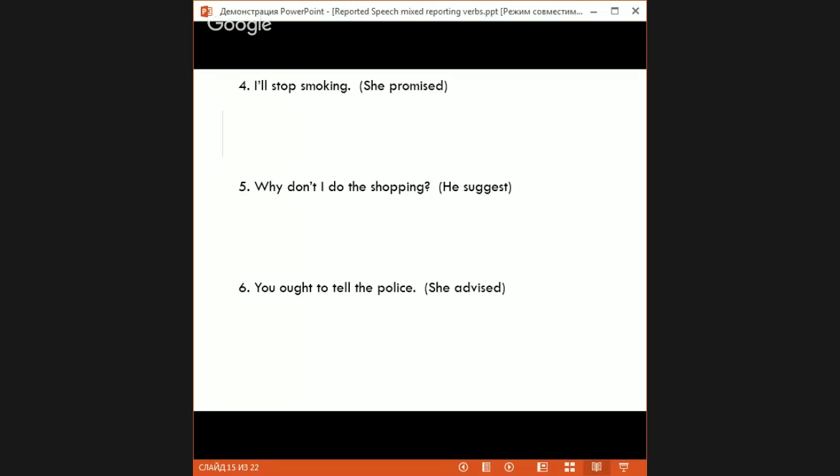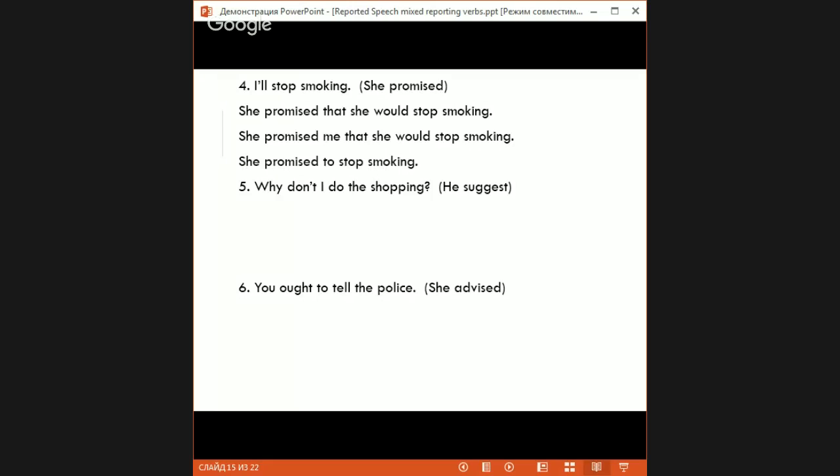So, what can we use here? I'll stop smoking. So she promised that she would stop smoking. She promised me that she would stop smoking, or she promised to stop smoking.